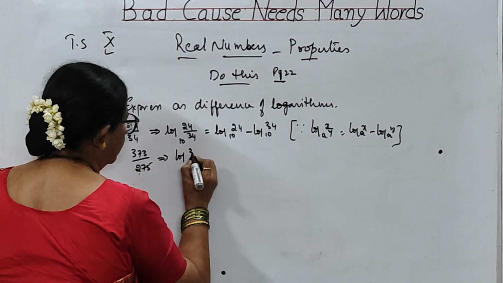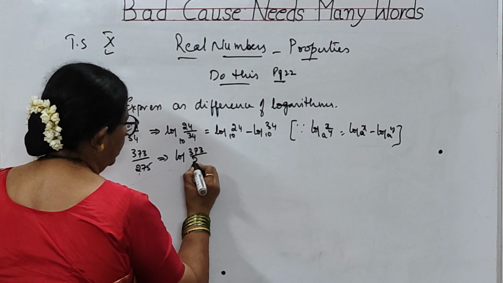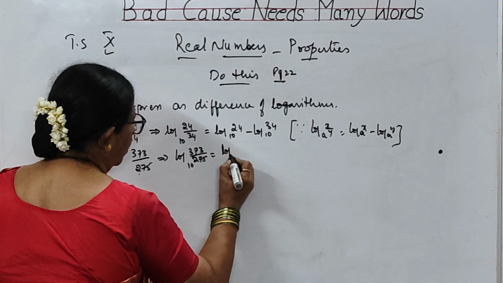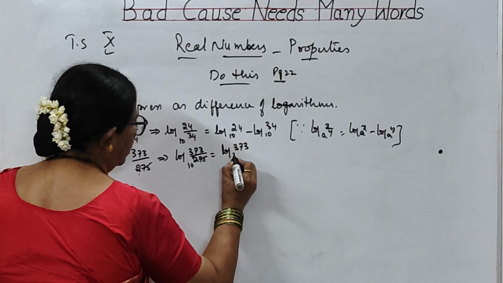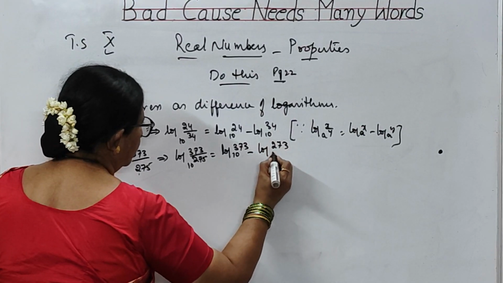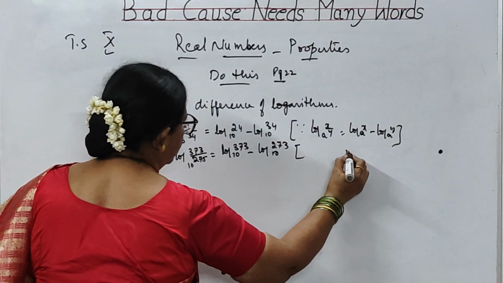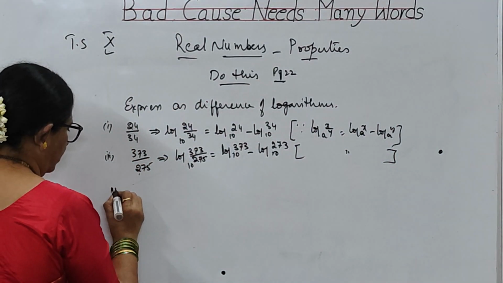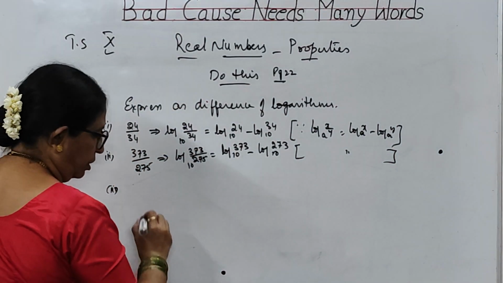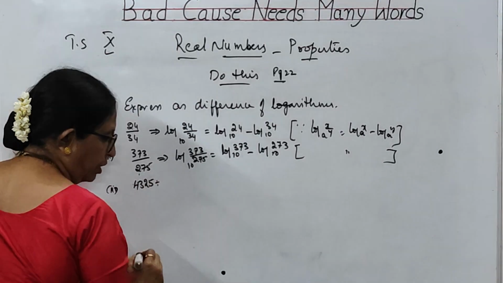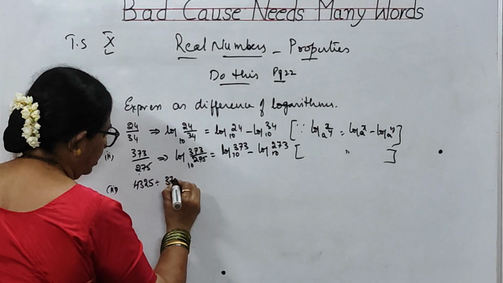When you write log 373 by 275 to the base 10 is equal to log 373 to the base 10 minus log 275 to the base 10. The reason is same. Okay. Now, the third bit, 4325 divided by 3734.